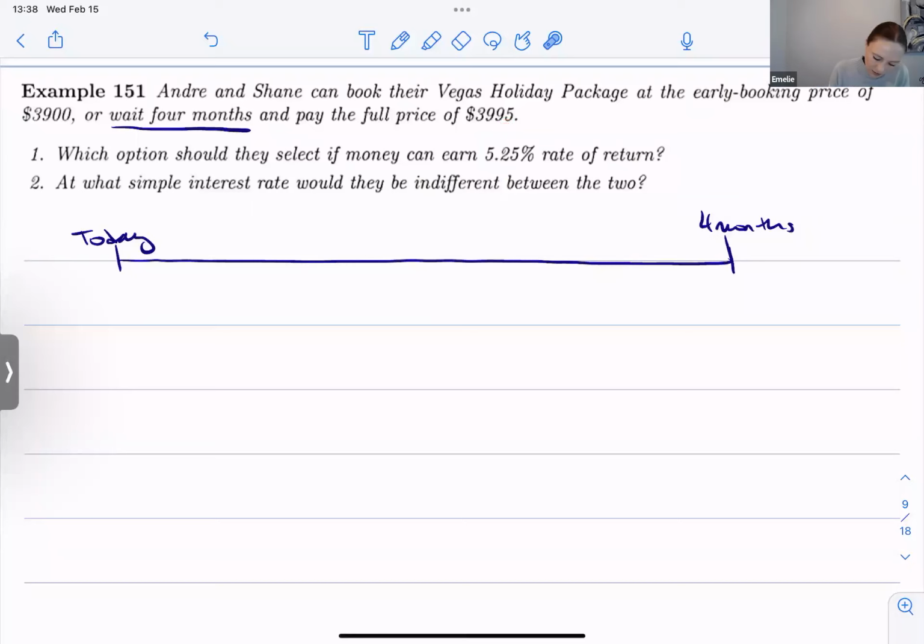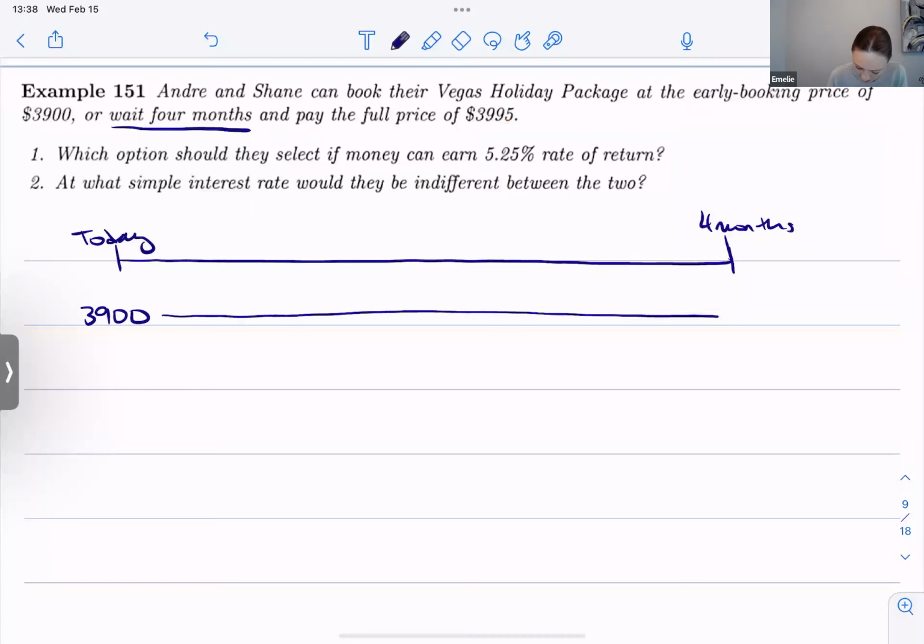So what we want to know is, $3,900 today is worth how much in 4 months? So T is 4 divided by 12, because it's just 12 months in a year. Here, the future value is what we want to solve for. The rate is 0.0525. So this is for part 1.